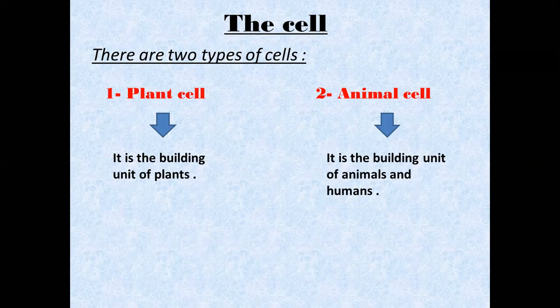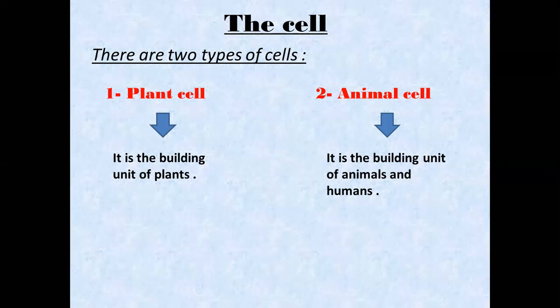Okay, why is the animal cell the building unit of both animals and humans together? It is the building unit of both because animals and humans have exactly the same structure. Both of them have exactly the same six systems.